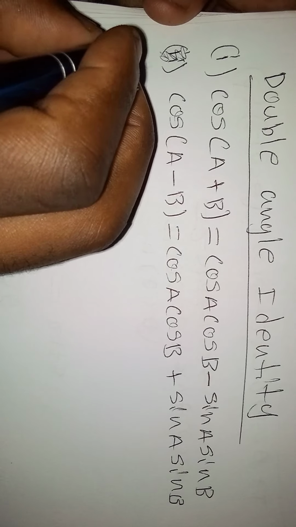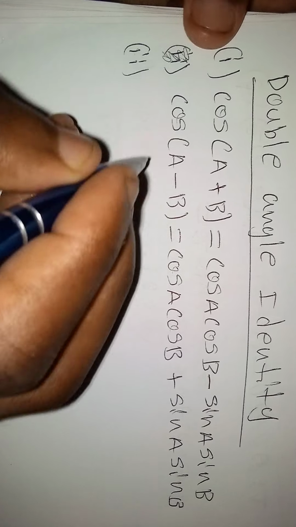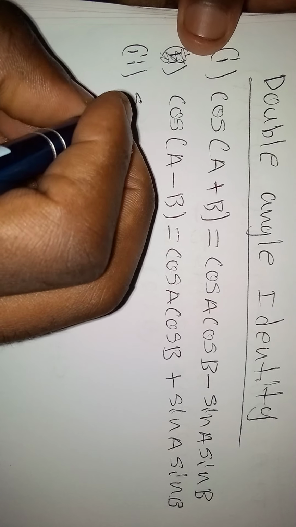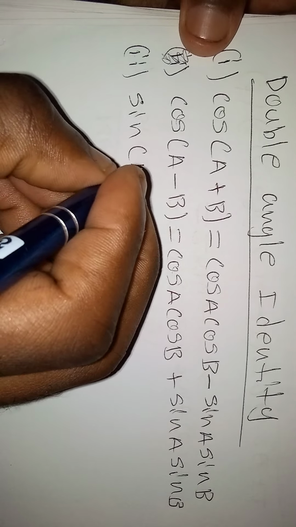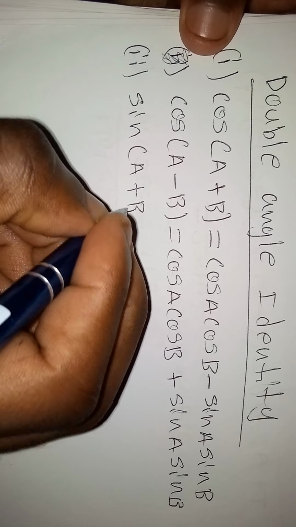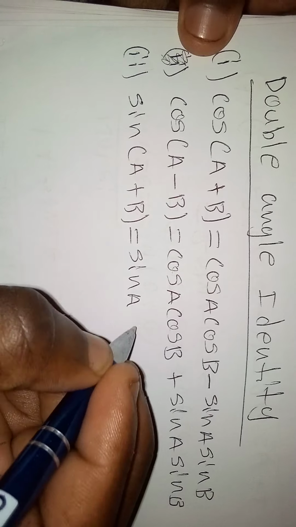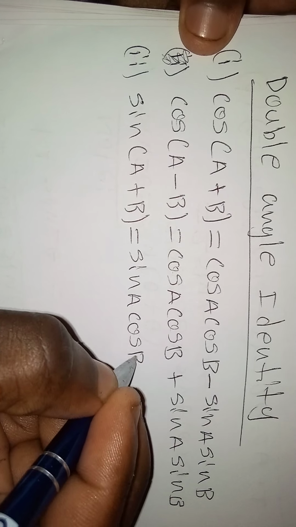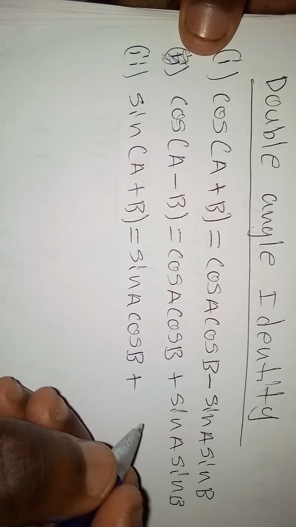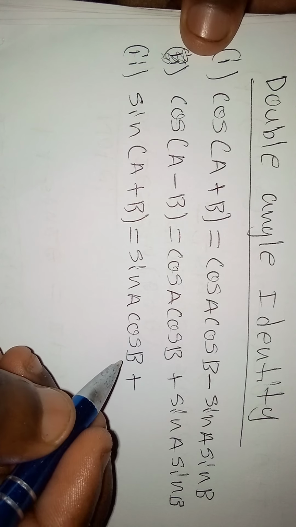Okay, then the second type of identity is for sine A plus B. This is equal to sine A cos B. The sign maintains. What changes is the trig ratios.